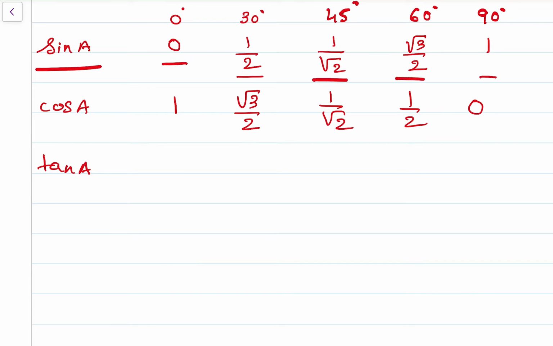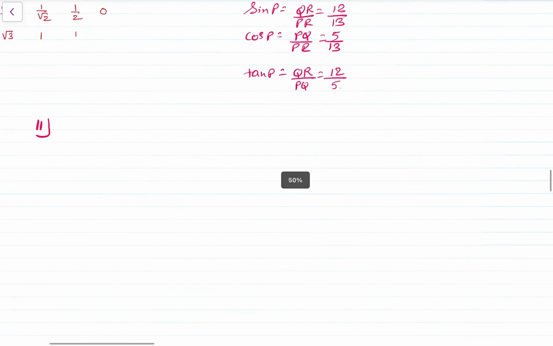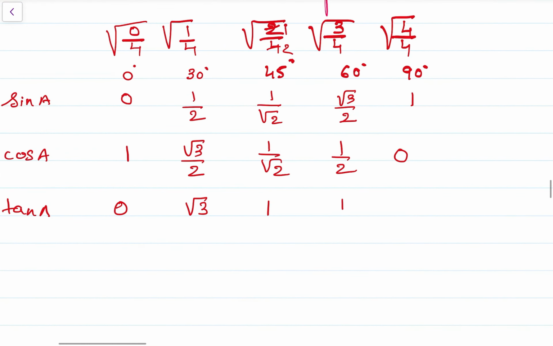So what do we get as ratio? 0 upon 1 is 0. 1 upon root 2 divided by 1 upon root 2 is 1.